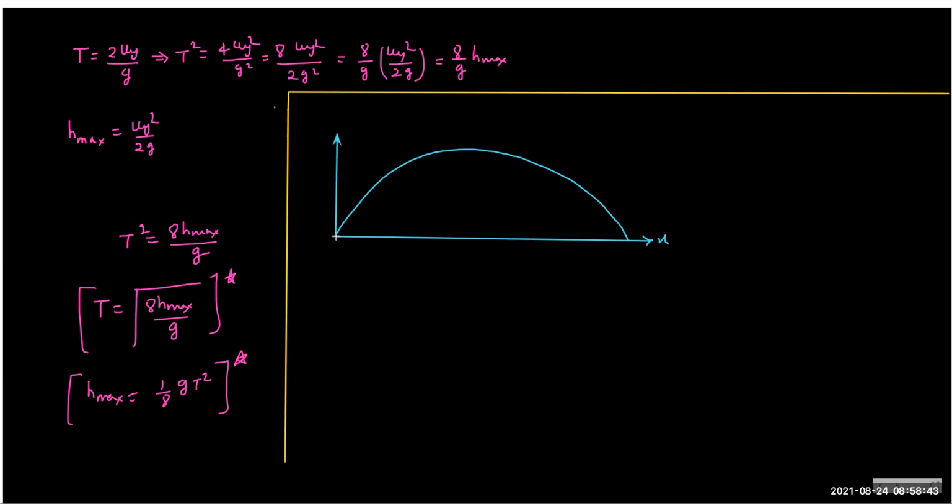If I give you the origin and x and y axes defined this way, and the origin represents the point of projection, and you are throwing with some speed v naught at an angle theta, then after some time t, it will be somewhere here with an x coordinate and a y coordinate.